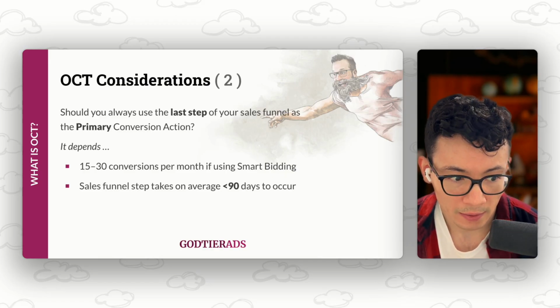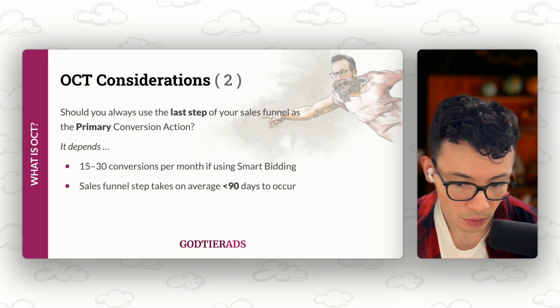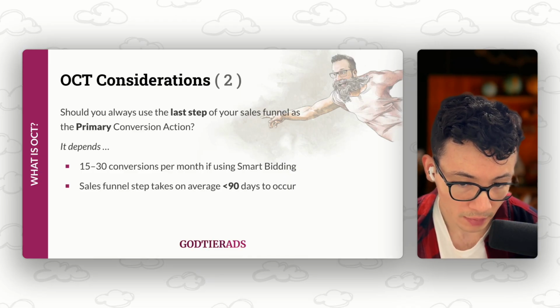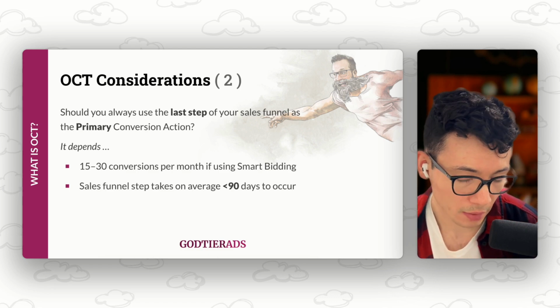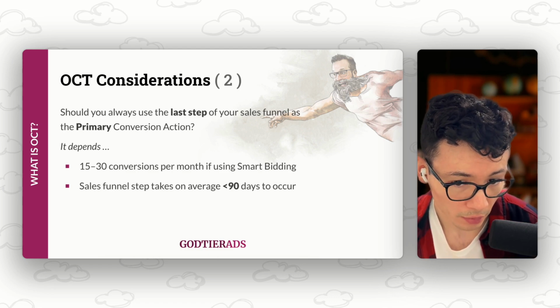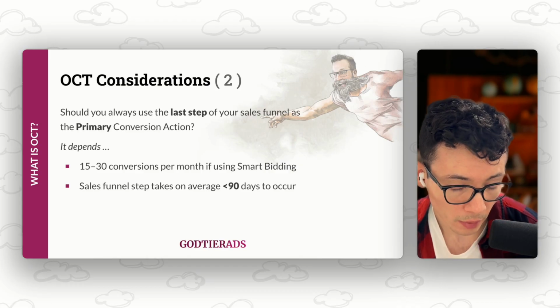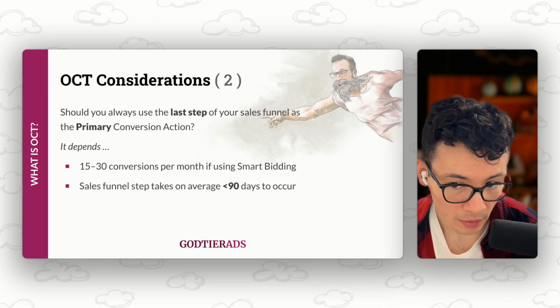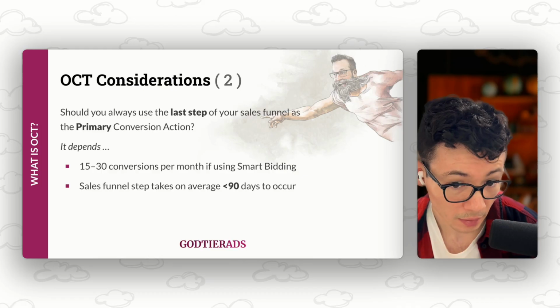So let's say it takes 6 months for your business to get an inquiry and then finally close that deal. You won't be able to send that data back to Google for when that customer becomes a closed deal, because the Google Click ID will have expired by the time the sale has occurred. So in that case, you need to pick a sales funnel step that takes on average less than 90 days to occur.